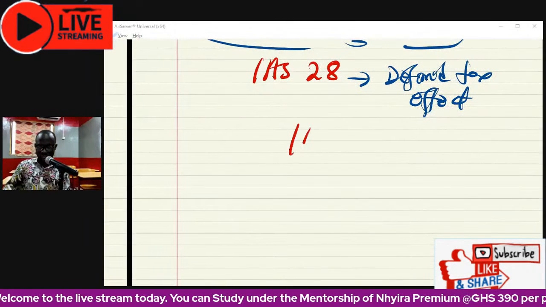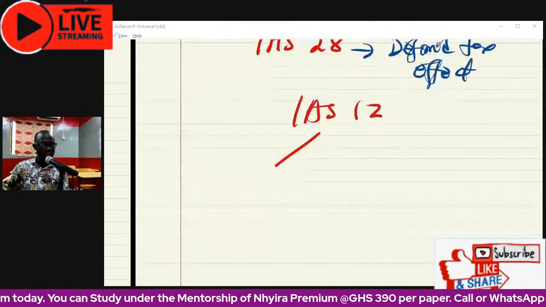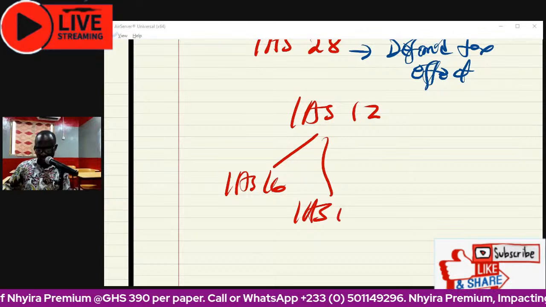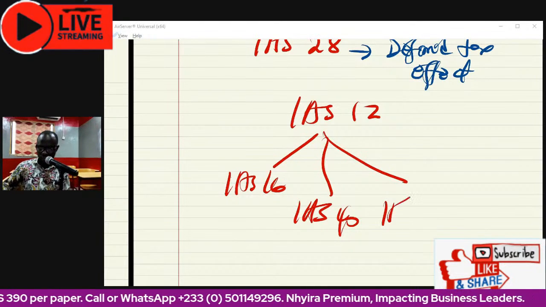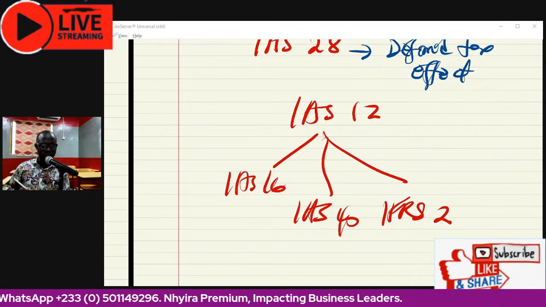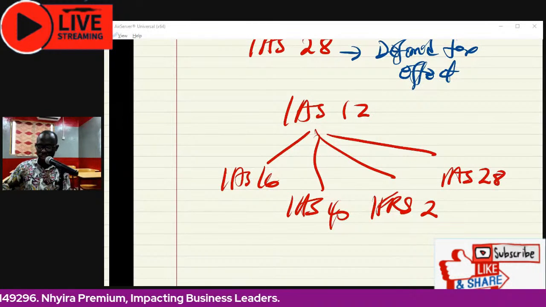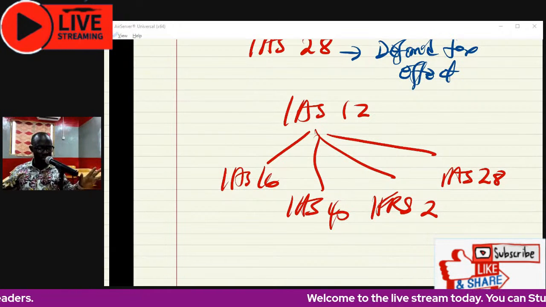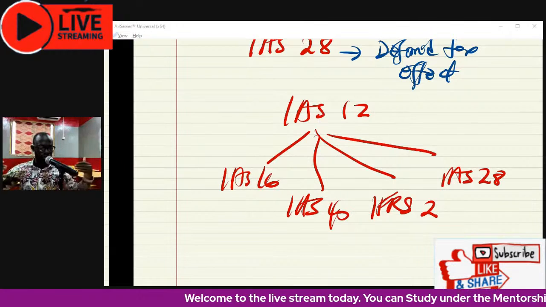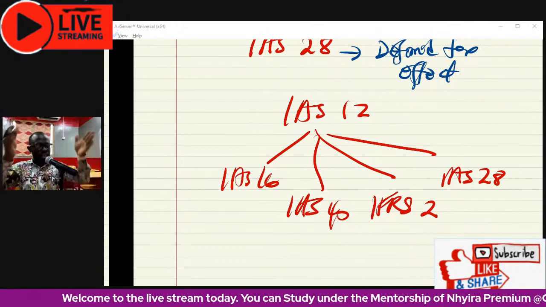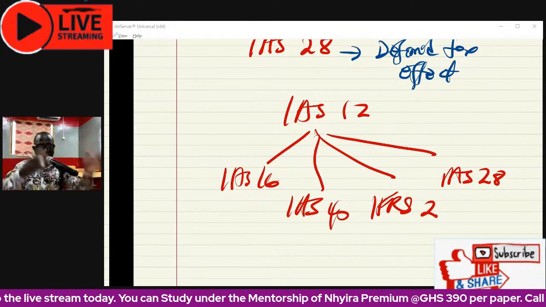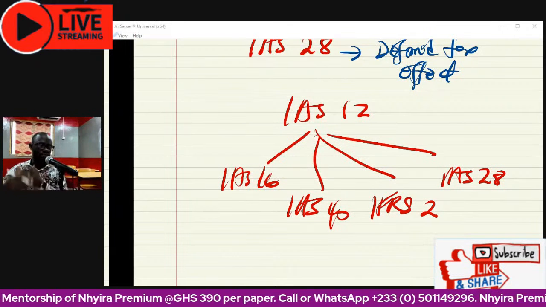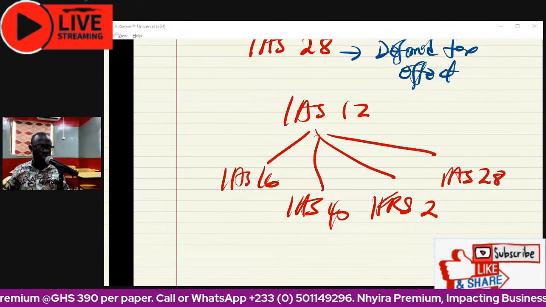So whilst you are dealing with IAS 12, note that it has some relationship with IAS 16. Note it has some relationship with IAS 40. Note it has some relationship with IFRS 2. And note it has some relationship with IAS 28 and other standards that IAS 12 may have some relationship with. So that is the background. That is the backdrop. Whatever transaction, whatever event an entity is undertaking, at the end of the day, the entity must account for both the current tax effect as well as the future tax effect of that particular transaction.